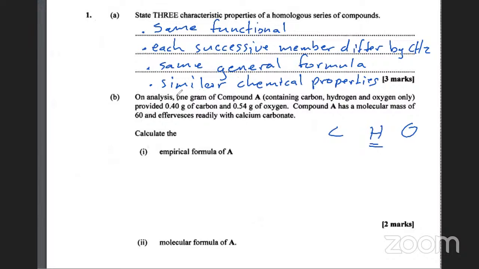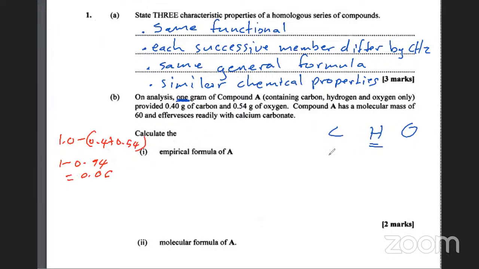So 1 gram of the sample, it would be 1 gram minus 0.4 plus 0.54, which is 0.94. It should be 0.06. So the mass of hydrogen is 0.06.